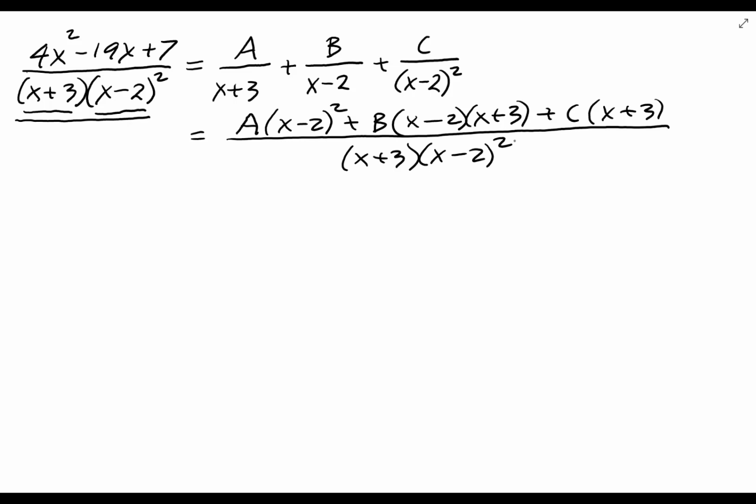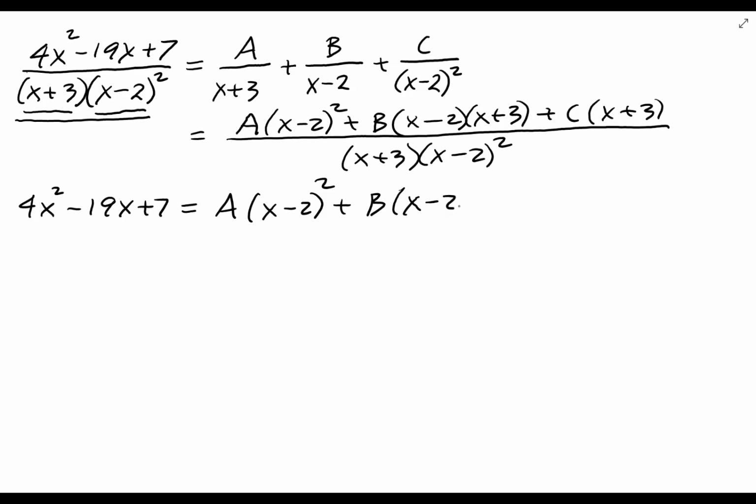And then, just like in the example before, we're going to set the numerators equal. So 4x squared minus 19x plus 7 equals a times x minus 2 squared plus b times x minus 2 times x plus 3 plus c times x plus 3.